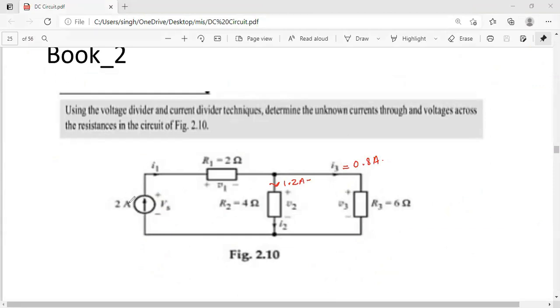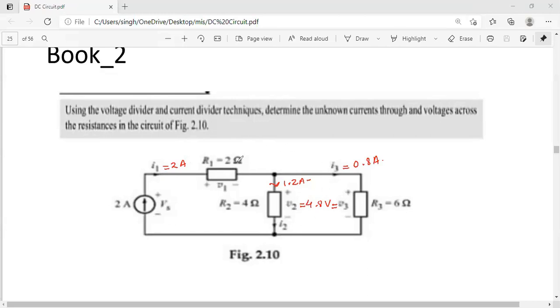I1, as mentioned, 2 ampere is flowing. Here we found out both the values as 4.8 volt. Now what is left is we have to calculate V1 and this Vs. Other things we have calculated.